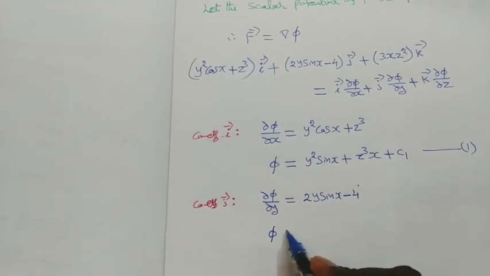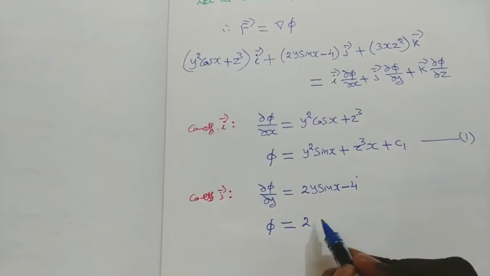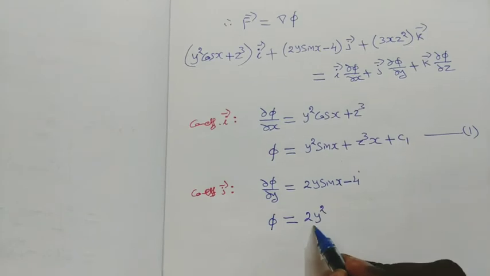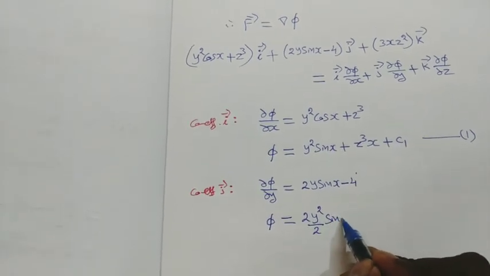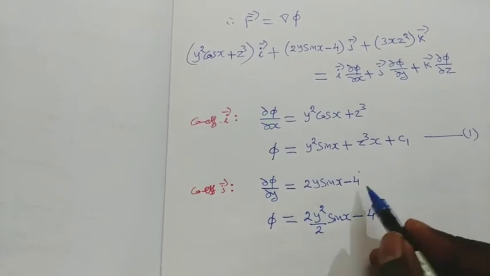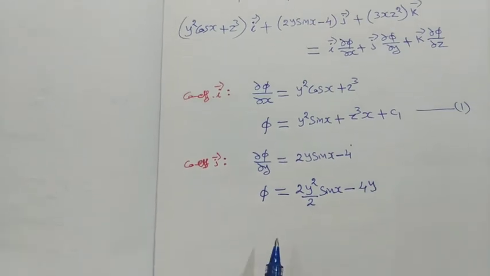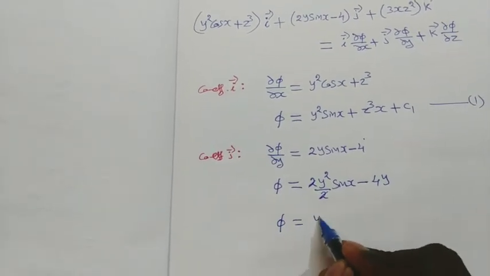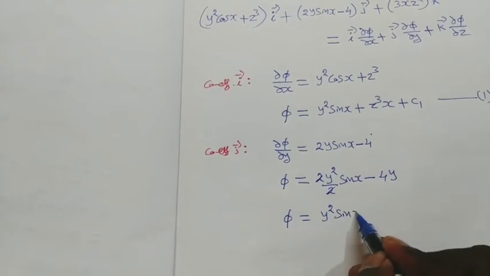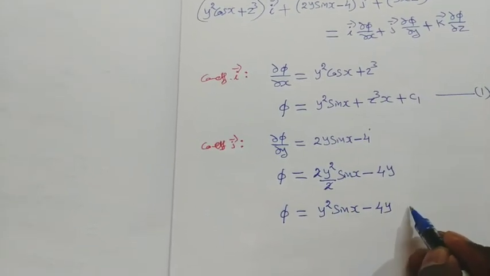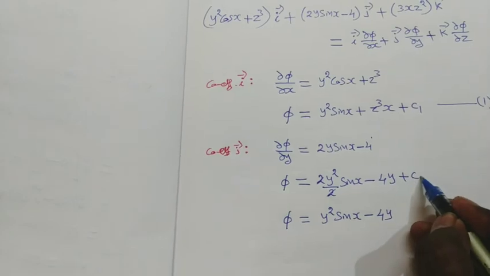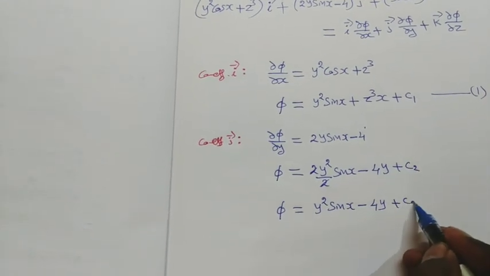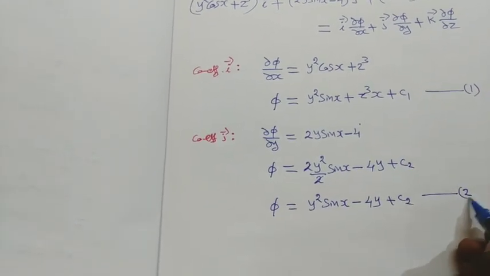So phi is equal to 2 into y integral is y²/2 into sin x minus 4y, constant integral into y. So cancel 2. So phi is equal to y² sin x − 4y plus integral constant c2. So this is, you take it as second equation.